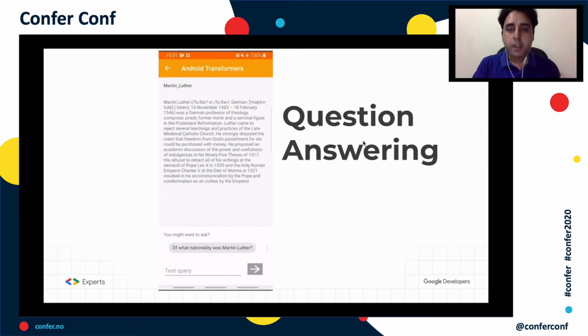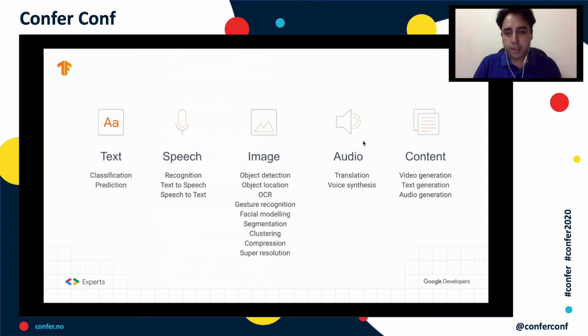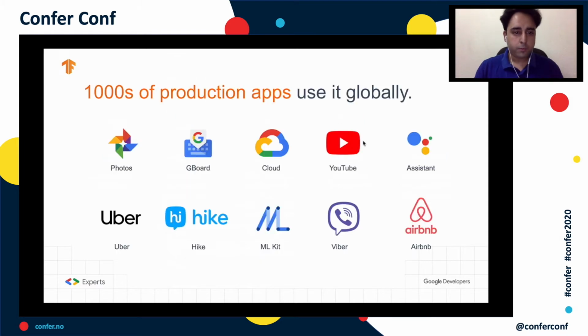So it's really cool and interesting, and apart from all these examples, it can do so much more, like video generation, content text generation, audio synthesis, and all these different examples. And right now, thousands of production apps already use it globally.